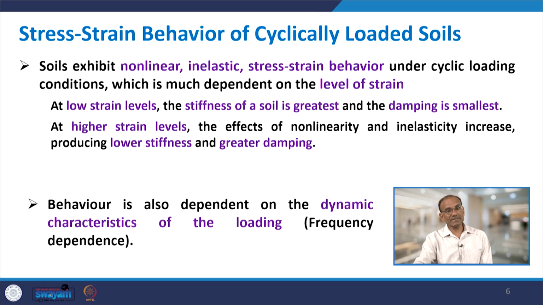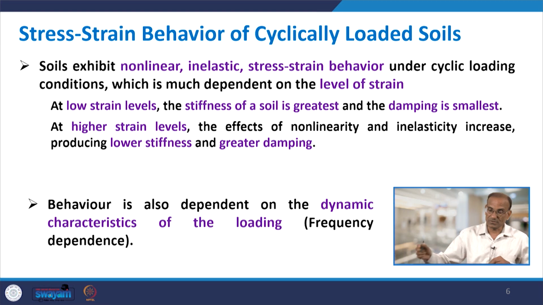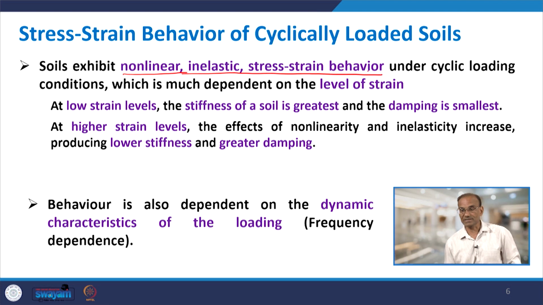Soil exhibits nonlinear inelastic stress-strain behavior under cyclic loading. So normally, as we said, linearity is not there. The general behavior of the soil is nonlinear and inelastic when you apply cyclic loading, which is much dependent on the level of strain. As a result, at low strain level the stiffness of soil is greatest and the damping is lowest.